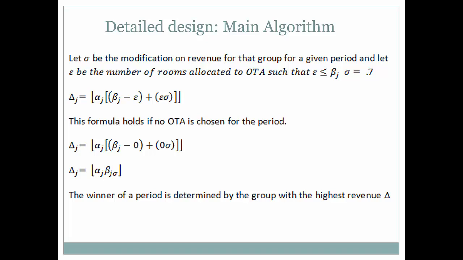So we have delta sub j, which equals the floor of the average rate of j multiplied by the market share of a group j subtracted by epsilon, where epsilon is the number of rooms allocated for OTA. Now, this formula also holds if no OTA was selected, and that becomes delta sub j equals the floor of alpha sub j times beta sub j times rho.